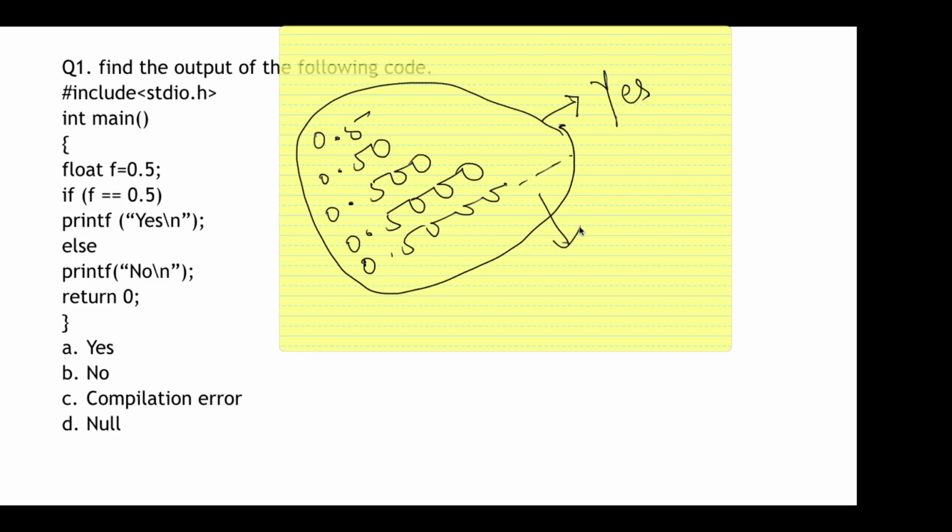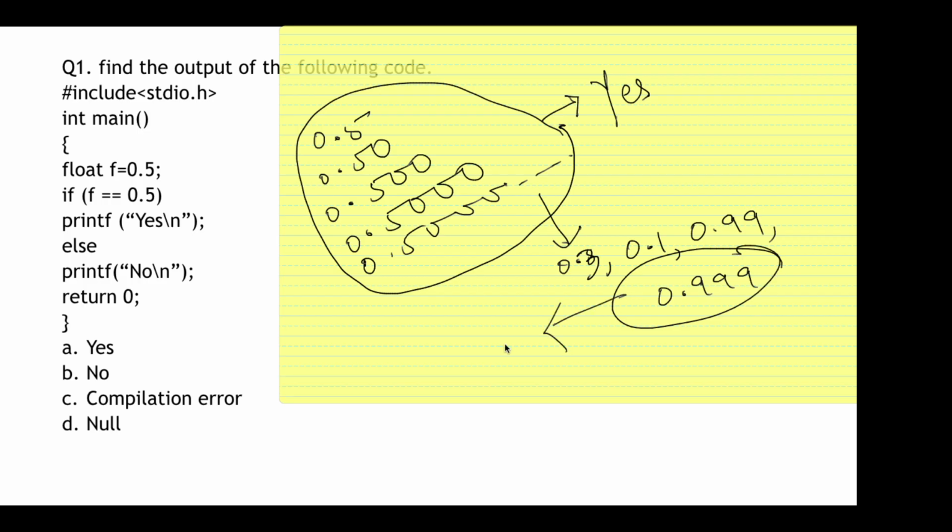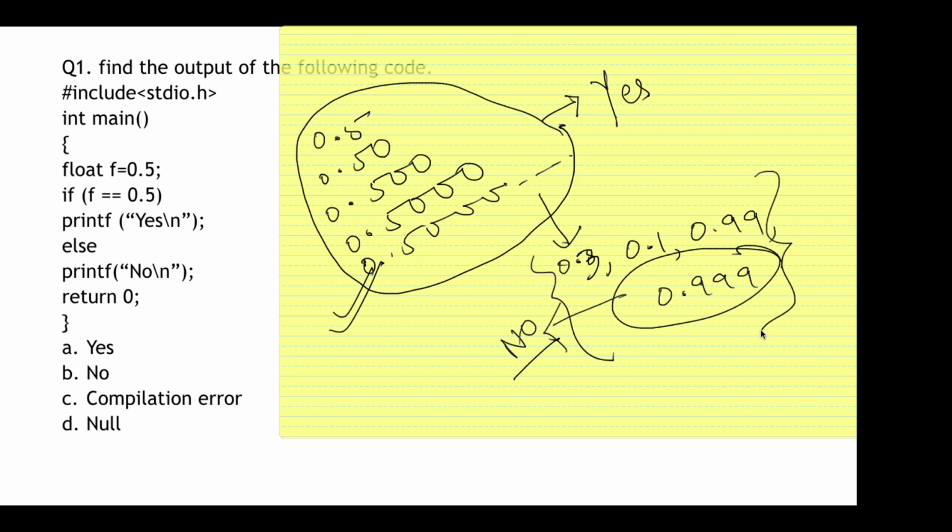But any other number other than 0.5, like say 0.3, 0.1, 0.99, 0.999, the answer will always be no. Why? Because with loss of precision in conversion, there is a difference in the value. But that doesn't happen when the number is 0.5. For any other number, it changes. So if you come across such a question, if the value is 0.5, the output will be yes. But for any other number, the output is always no.